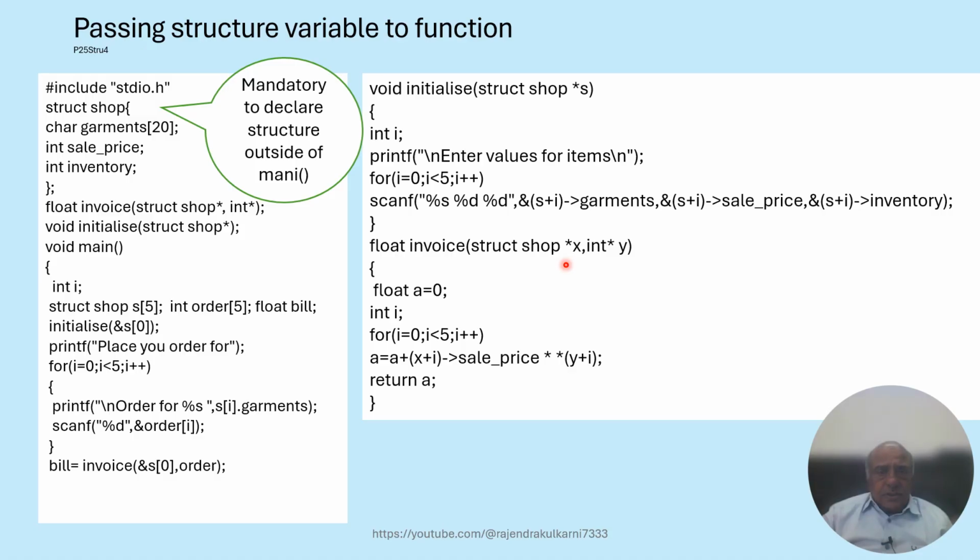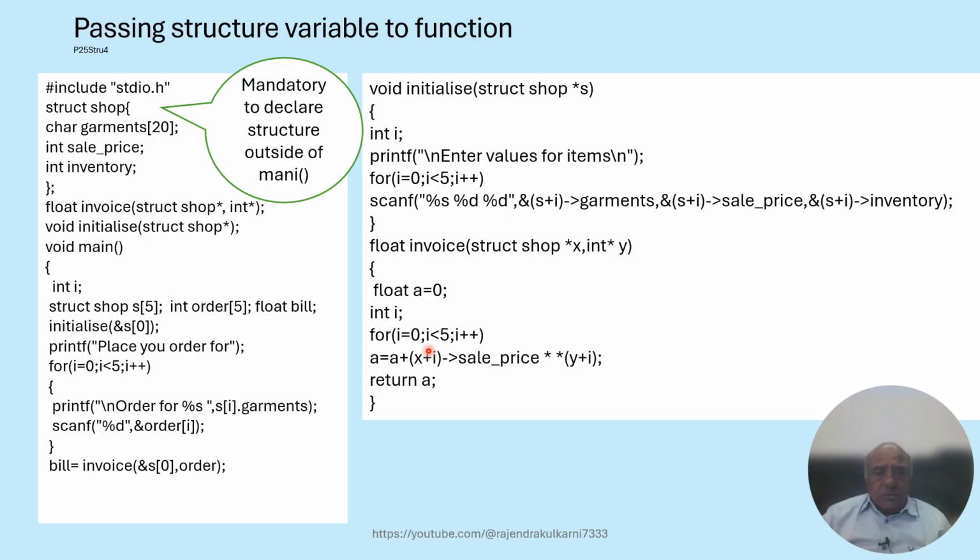So x is declared as a pointer to the structure struct shop, and y is a pointer to the array order, both of which are declared in main. Then there is float a = 0, a variable we have declared within the function. Another variable is i. Then we run a for loop.